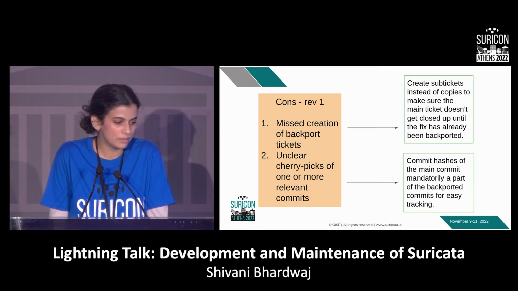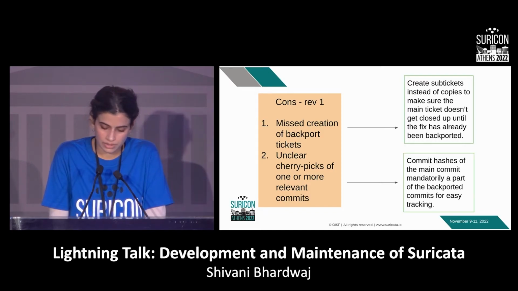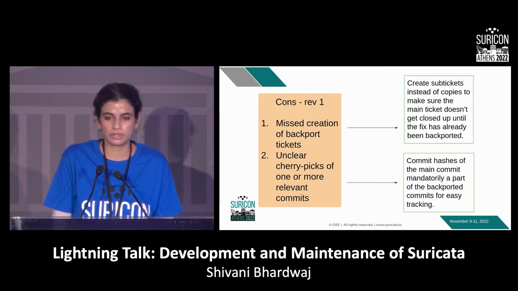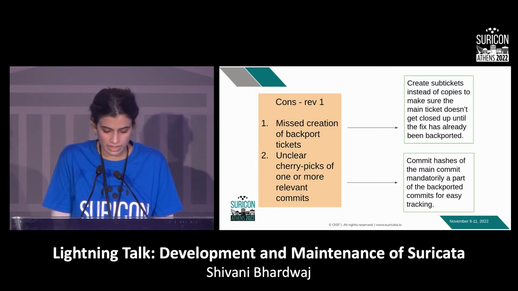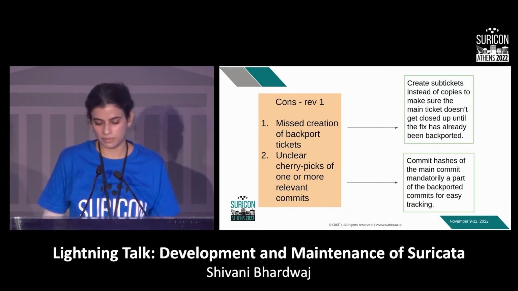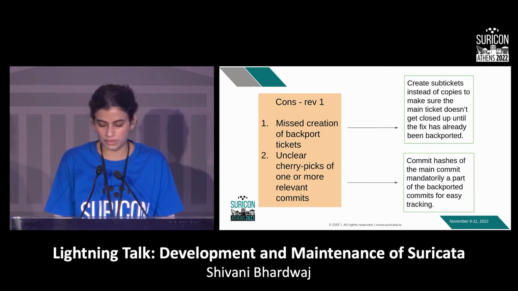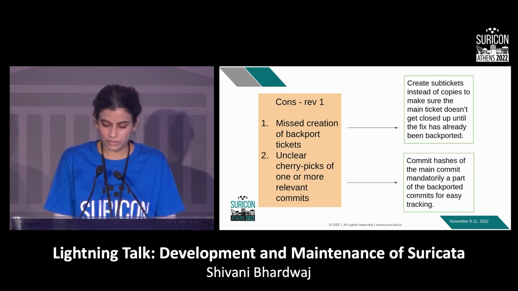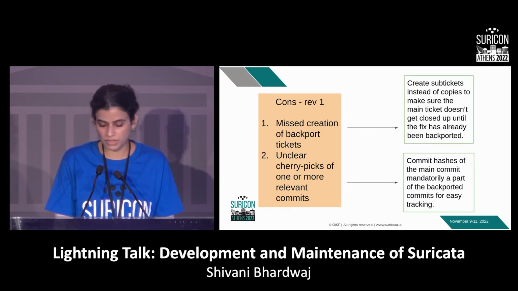In order to deal with the missed creation of backport tickets, we started creating sub-tickets instead of copies. So we can now not close any master ticket until we have closed all the backport tickets as well. And in order to fix the unclear cherry picks and making a better correlation with the master branch for the stable branch, we started putting commit hashes of the main commit mandatorily as a part of the backported commits for easy tracking.